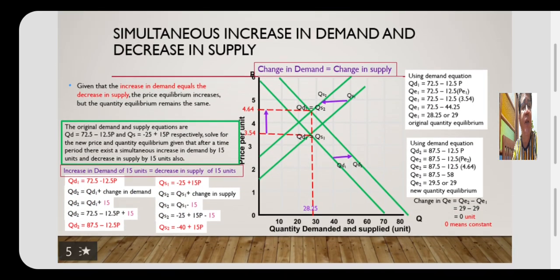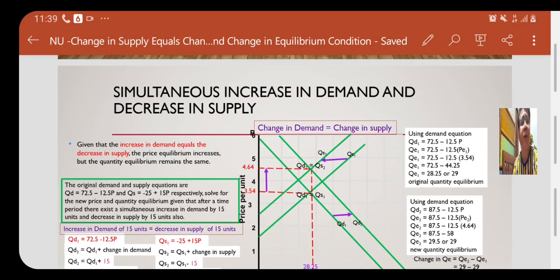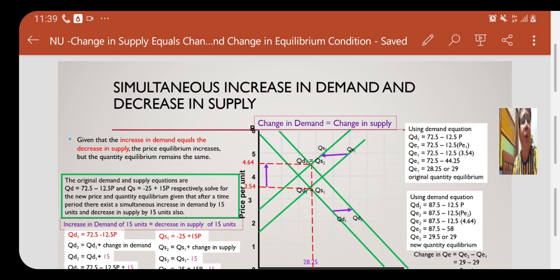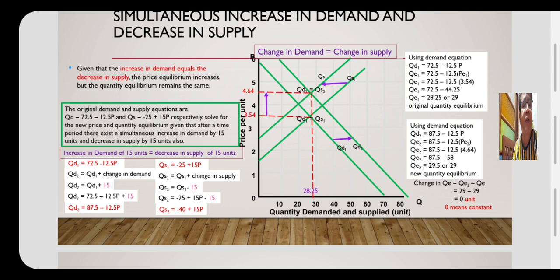So given the same problem statement, here we have the values of the original and new quantity equilibrium. The original quantity equilibrium is 28.25 or 29, and the new quantity equilibrium is 29.5 or 29.